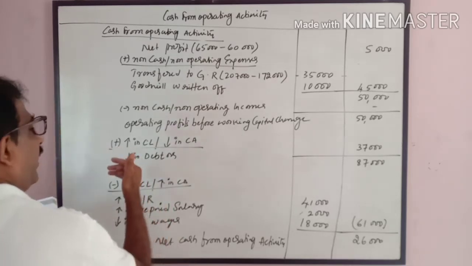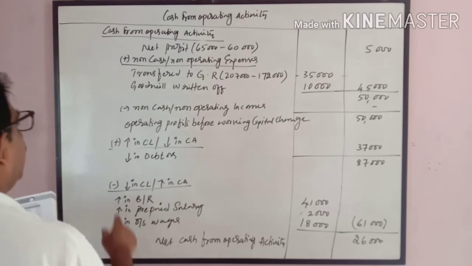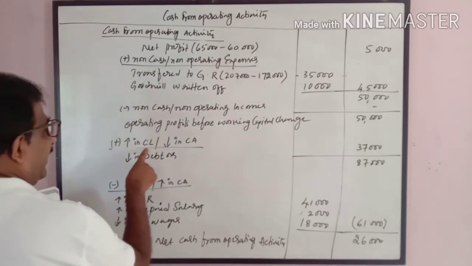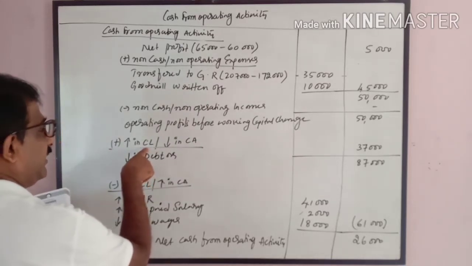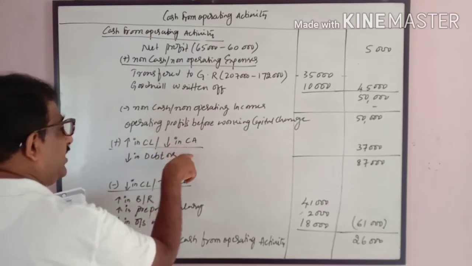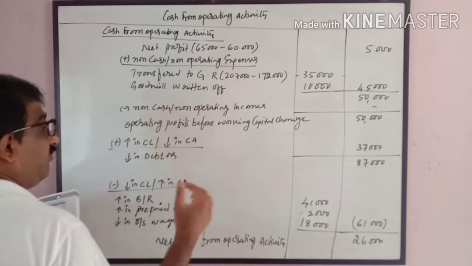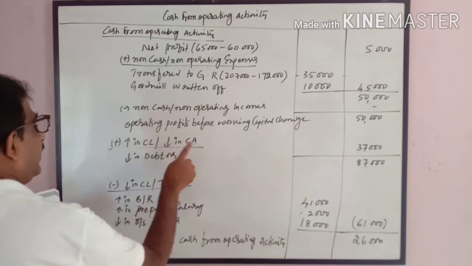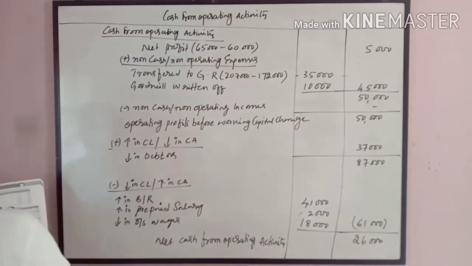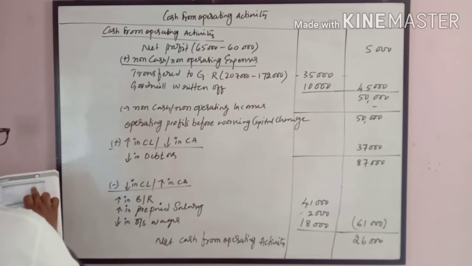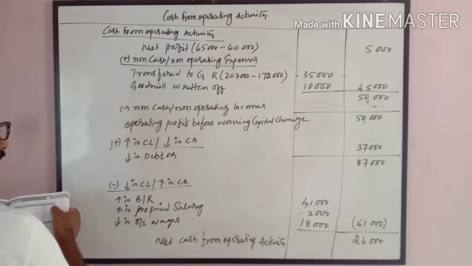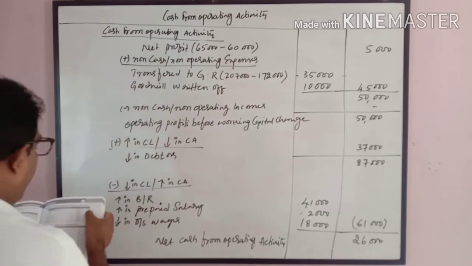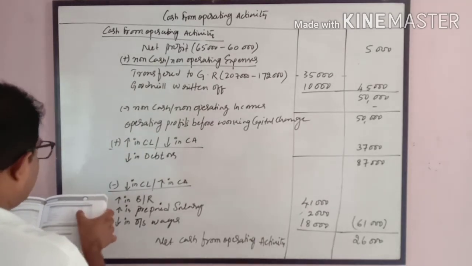Now we have to make the working capital changes: plus increase in current liability. If current liability is increasing and current asset is decreasing, these are cash inflows which we should add. So increase in current liability and decrease in current asset. Here you can see debtors 85,000 decreased to 48,000, meaning closing balance is 48,000, opening balance is 85,000.